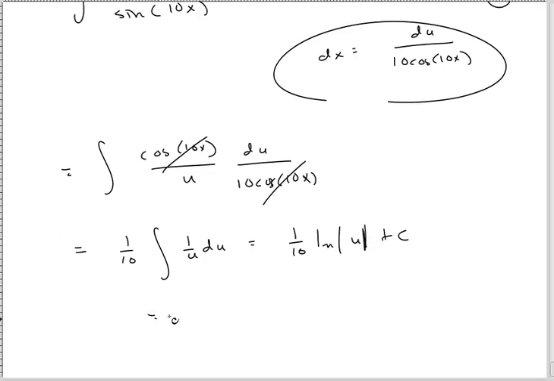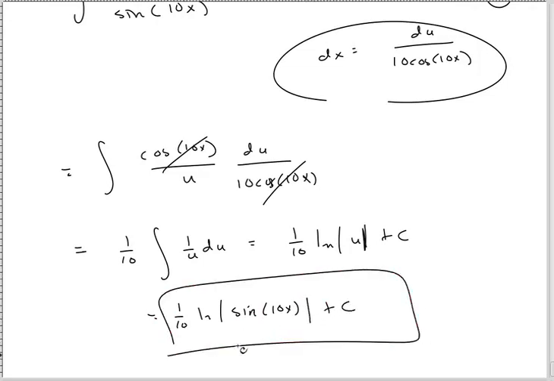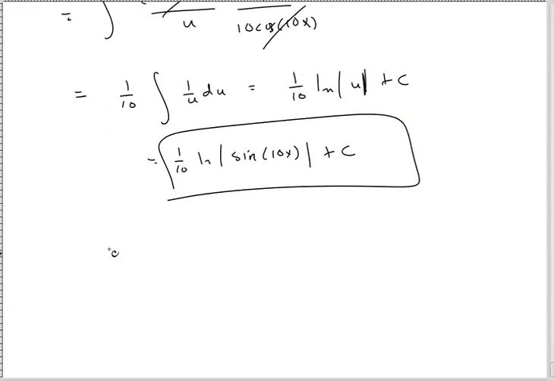And so then replace that u, of course, with sine of the 10x. Plus c. And that's it. You're done with that problem. Cool. I don't know what else to say. Do it like that. Absolute value sign is definitely required here for sure.